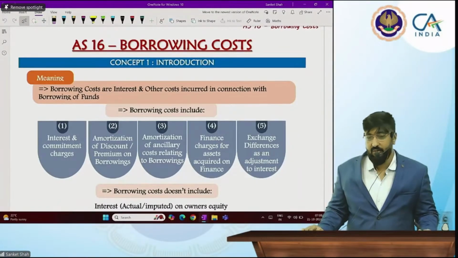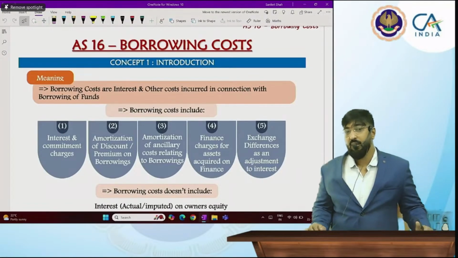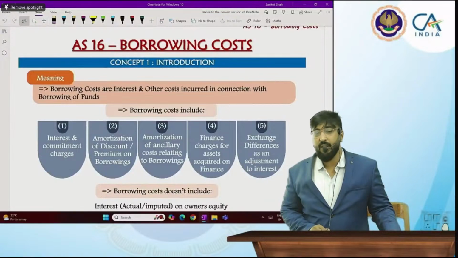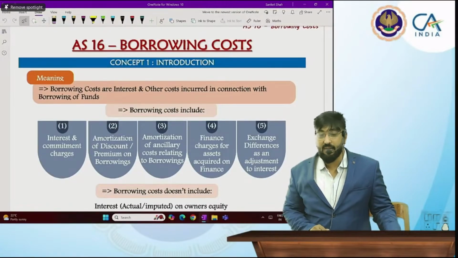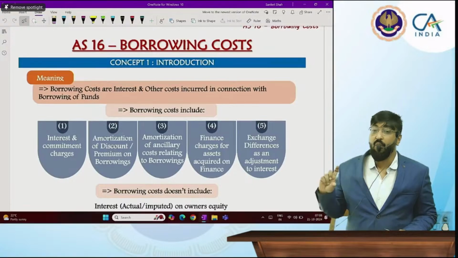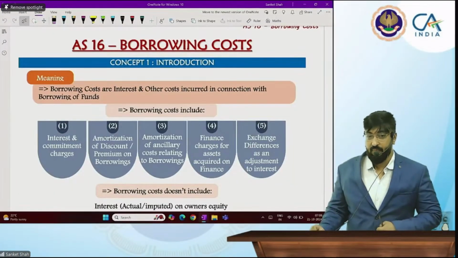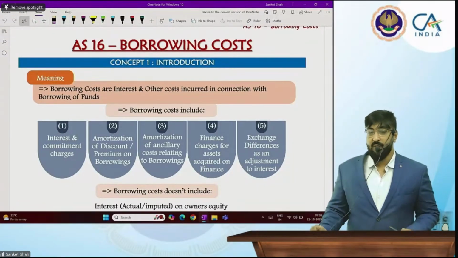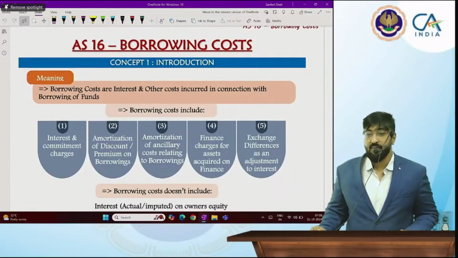So you have to use that accounting language, Ajay. You're doing it properly, but you are answering in very general language. You have to recall all these concepts. So what is the best solution for this?